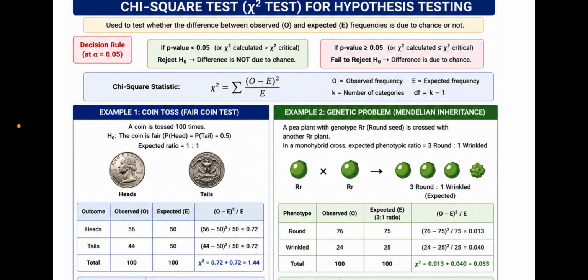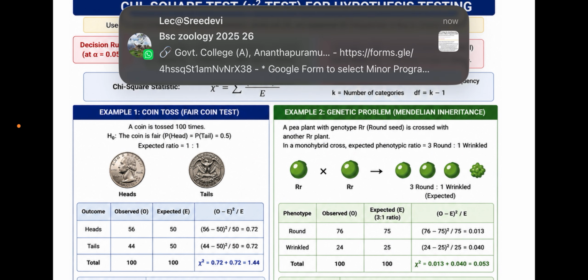For example, when two means are there and it is continuous data, we check the difference between the means: whether the difference between the means of two groups is by chance or really due to a biological factor. For example, two groups, one exposed to drug A and one without the drug.